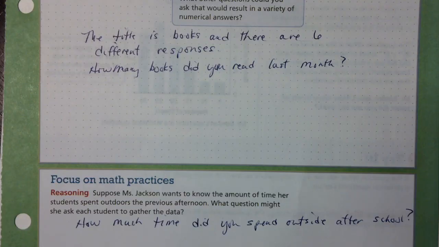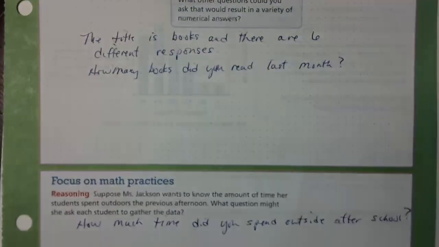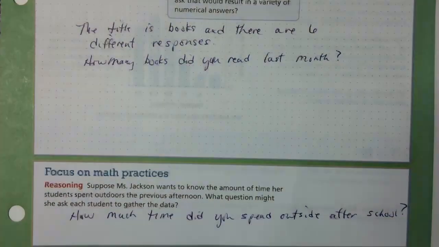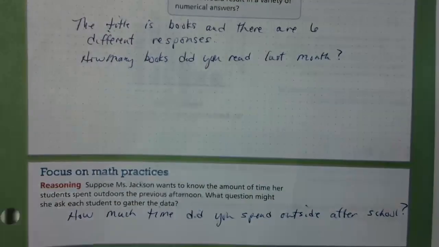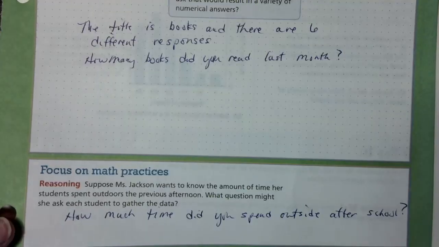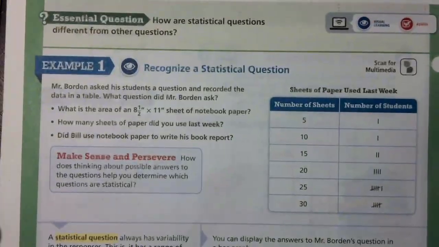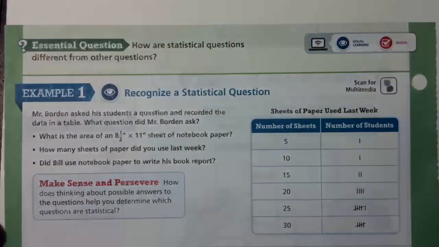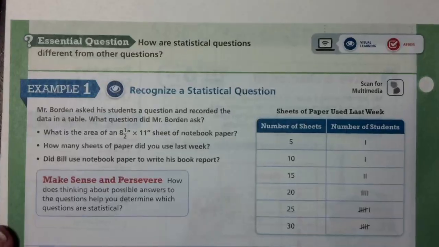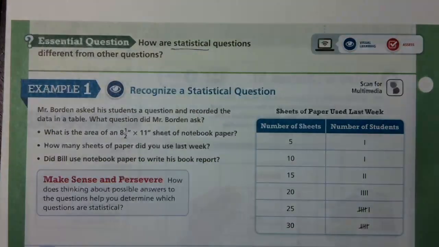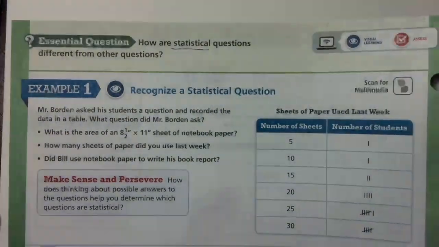Okay, so far there's not been a lot of math. Do you agree? We haven't done any numbers yet. We're talking words here. We're not doing math really, but it is still math. Turn the paper over. Look at example 1. The essential question at the top says, how are statistical questions different from other questions?